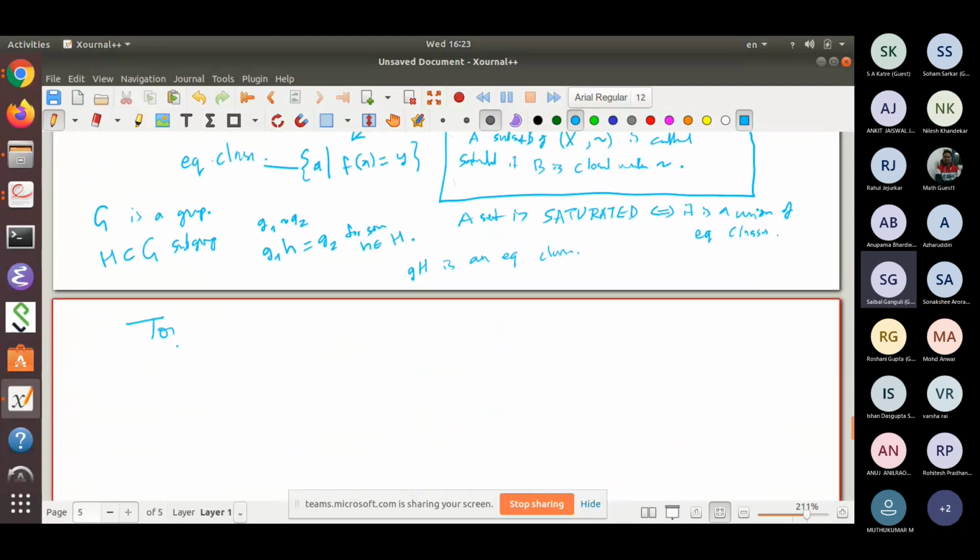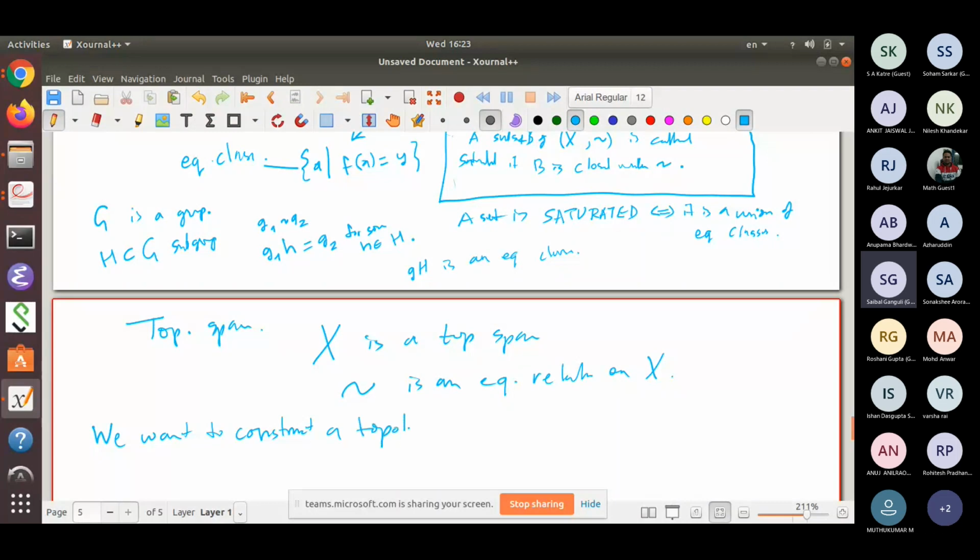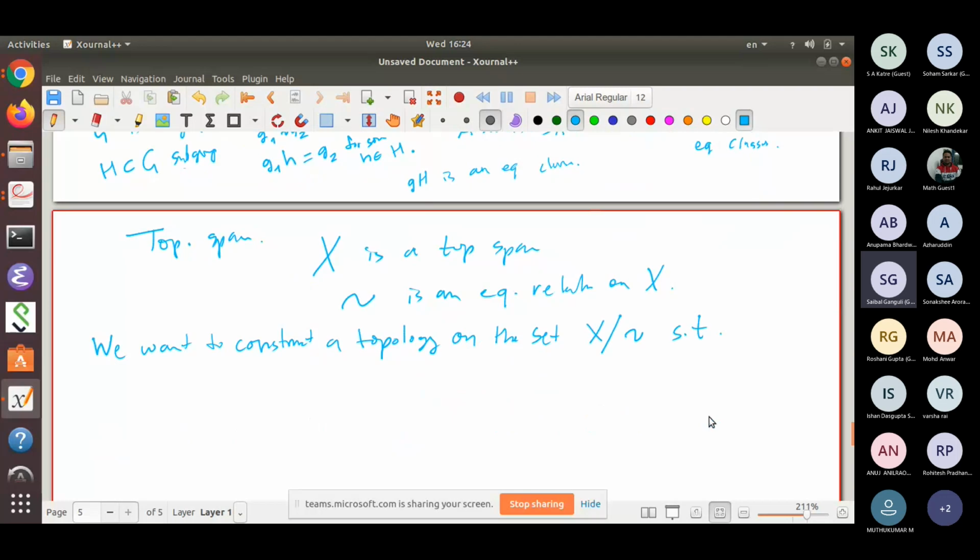So now let's go to topological spaces. Suppose X is a topological space and this is an equivalence relation on X. We want to construct a topology on the set X mod the equivalence relation such that the canonical map from X to X mod this equivalence relation, which sends any small x to its equivalence class, are you familiar with this notation?